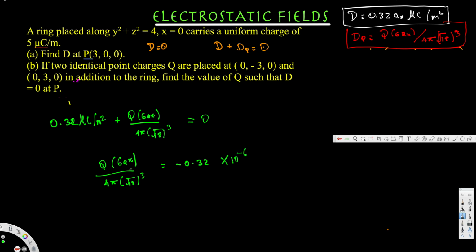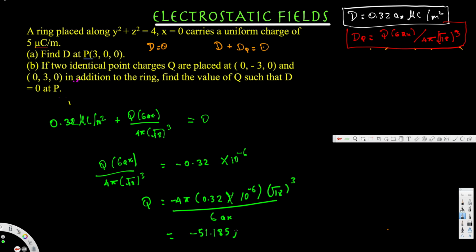We are interested in finding the Q value, so if you rearrange for Q, you are going to get negative 45 times 0.32 times 10 to the power minus 6 times square root of 18 cubed divided by 6ax. Finally, if you calculate this one, you are going to get negative 51.185 microcoulomb. So that's going to be the charge.